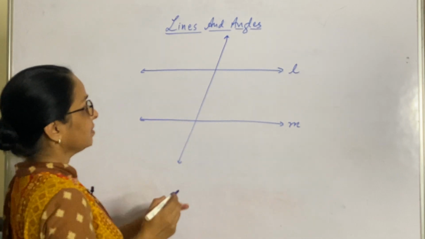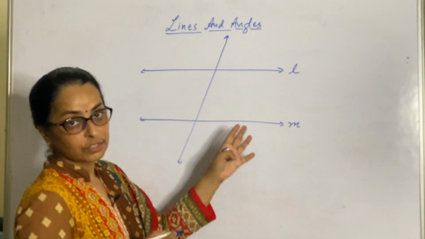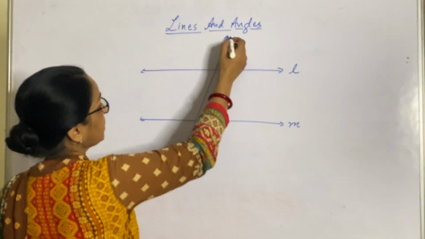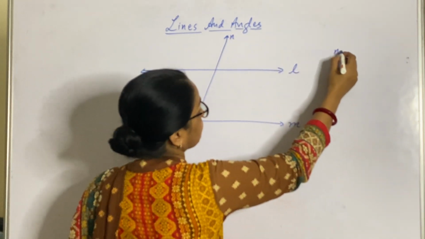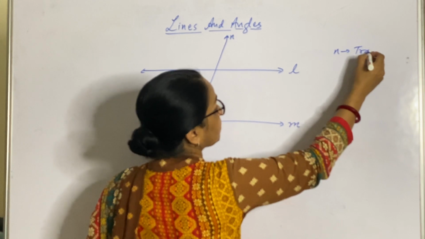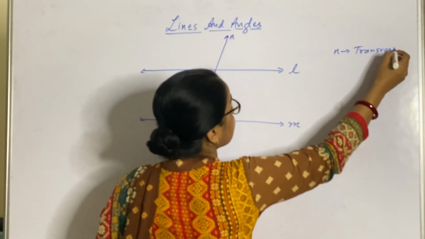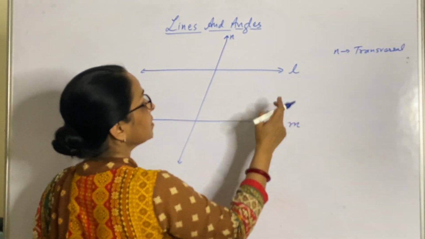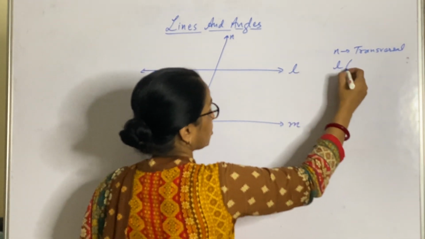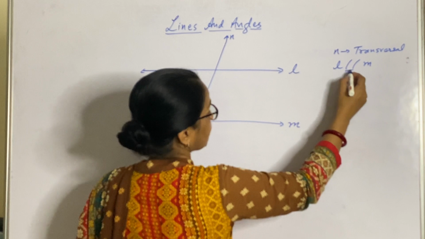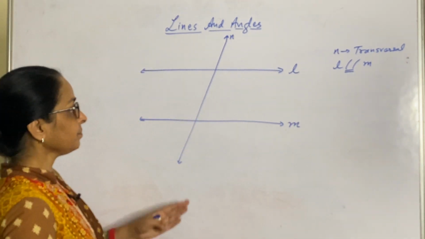Now whenever any line intersects the two parallel lines, that is called a transversal. So N is the transversal. Line L is parallel to M, or line M is parallel to L. So we write it like this. This is the sign of parallel.